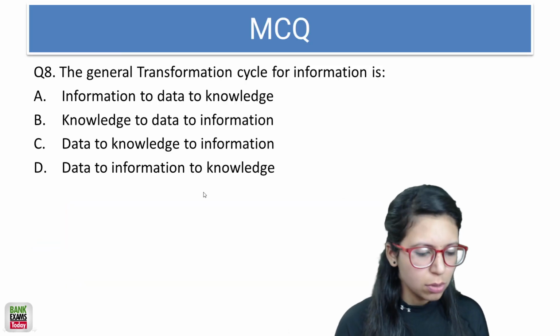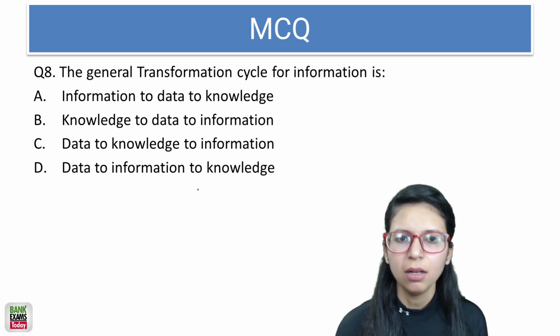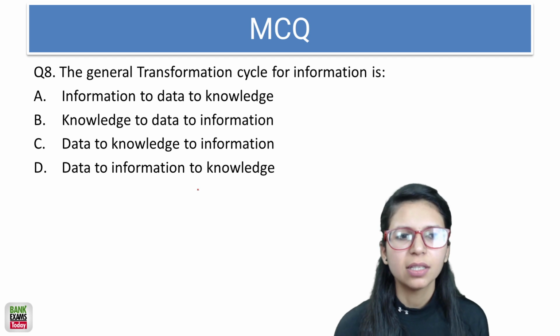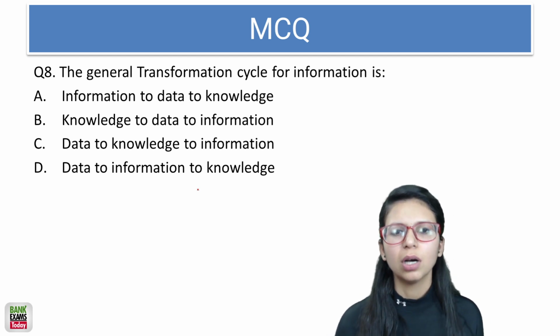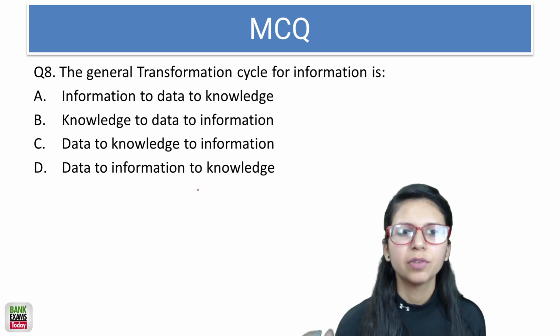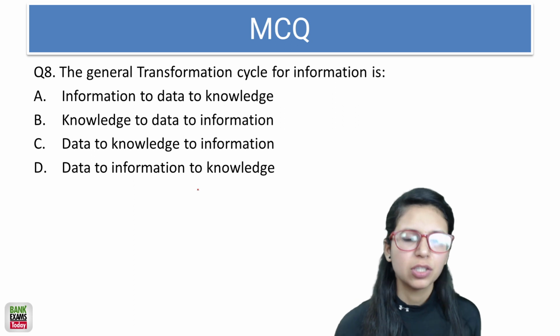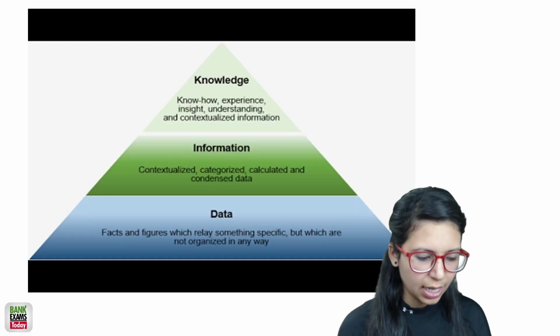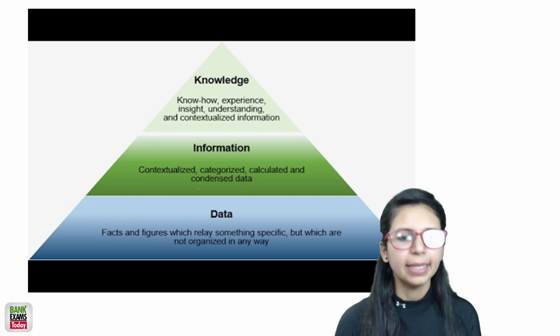Let's move on to the eighth question, which is: the general transformation cycle for information is. To answer this, you need to have a basic understanding of the transformation cycle of the information cycle. I'll show you here.